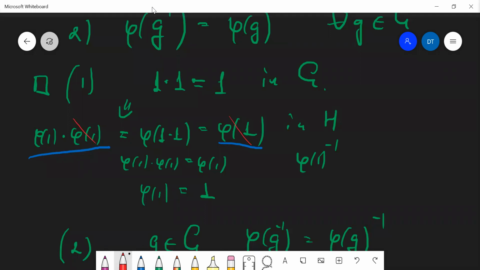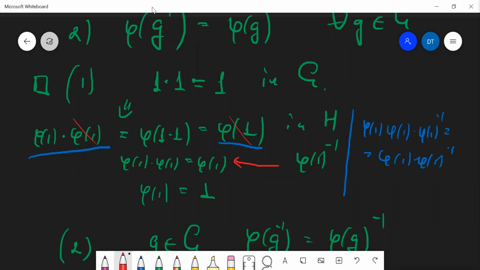And now you multiply this equality by phi of 1 to the power of -1, let's say on the right. If you multiply this on the right, you will get this. Let me write it down here. Phi of 1 times phi of 1 times phi of 1 inverse equals phi of 1 times phi of 1 inverse.